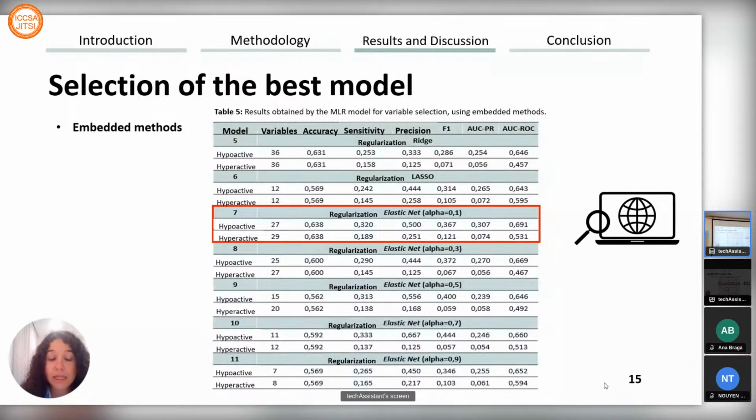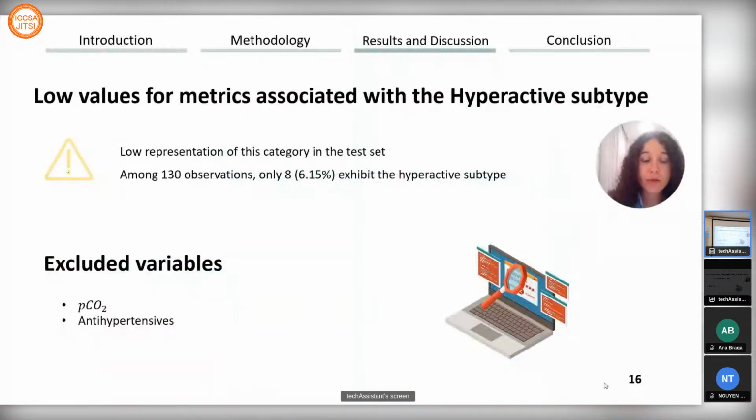Comparing models 2, 3, and 7, which reflect similar performances, the one with the greatest reduction in dimensionality and different predictor variables for each category was selected, corresponding to model 7. The negligible values for the AUCPR, especially for the hyperactive subtype, reflect the model's difficulty in classifying the subtypes in the test data, revealing it to be insensitive, being more specific because it captures more information regarding the absence of delirium.